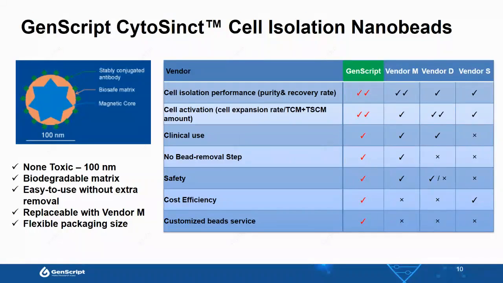Meanwhile, our activation beads show a better expansion rate and a higher undifferentiated amount than using TransAct from Miltenyi. Safety here means that for a certain amount of target cells, the absolute number of particles or even the iron content for our beads is less than for Miltenyi's products.